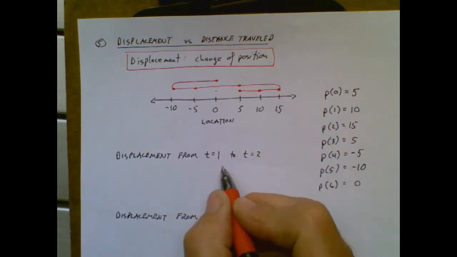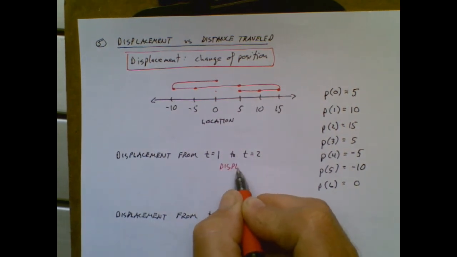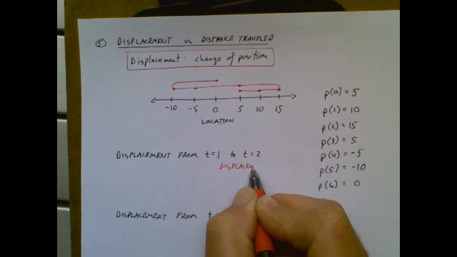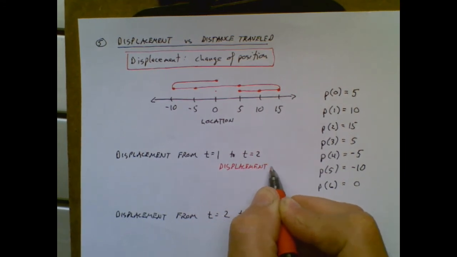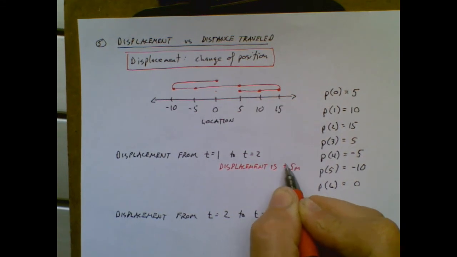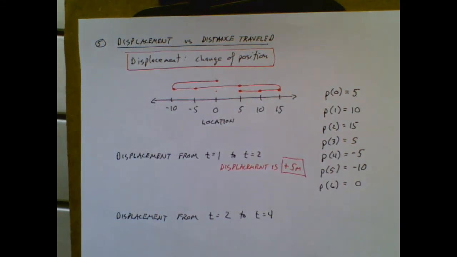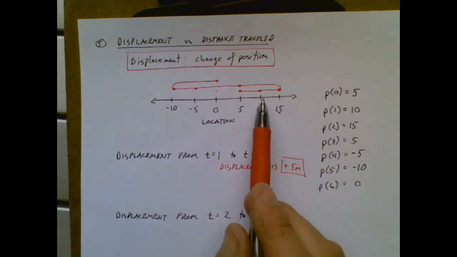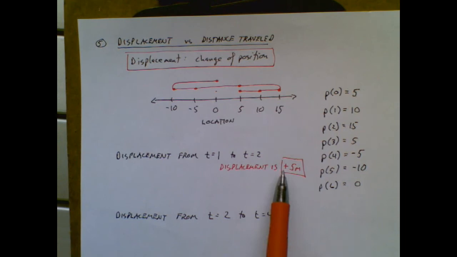So the displacement is positive 5 meters. The positive tells me that during that time, from time 1 to time 2, it moved in the right or positive direction, and it changed position by 5 meters.